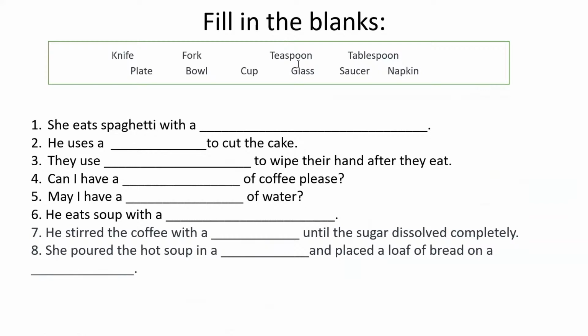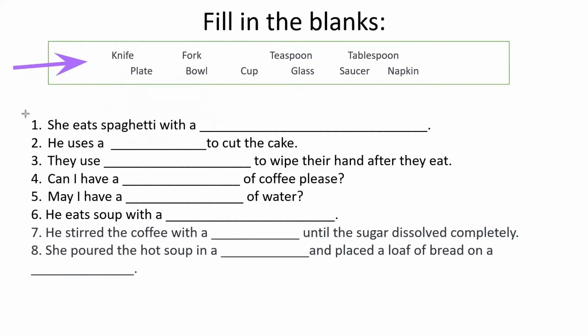And now we're going to do an exercise of filling in the blanks. So we have our word bank right here, and we have to fill in all of these blanks with the correct answer. So let's get started.